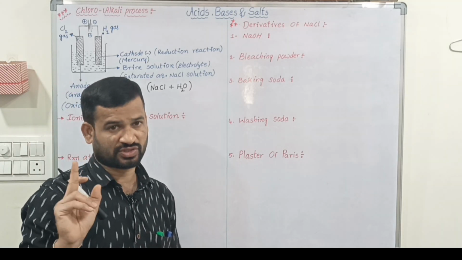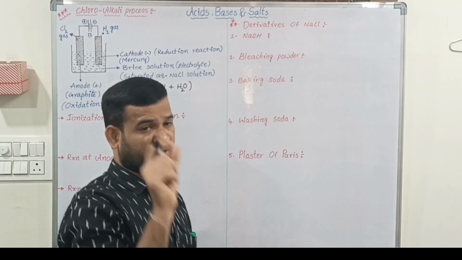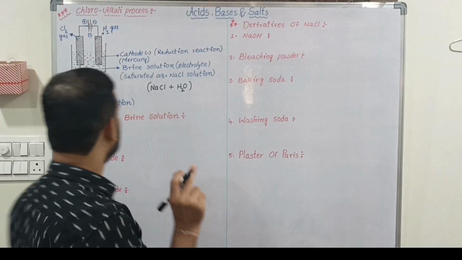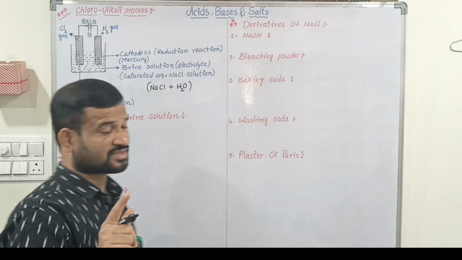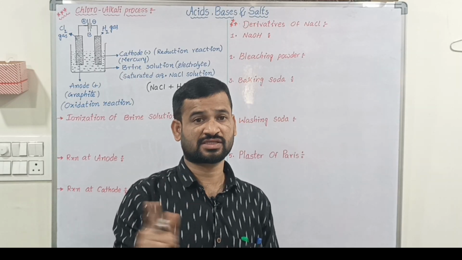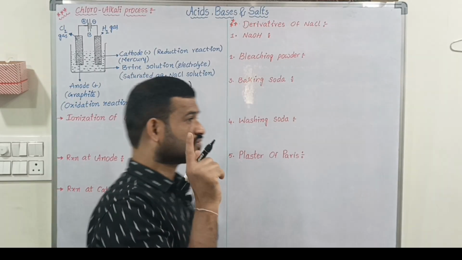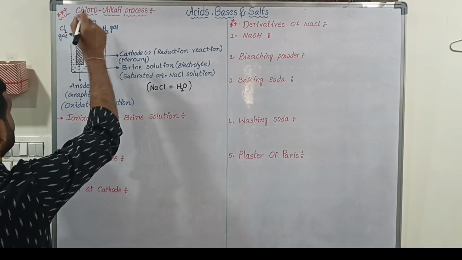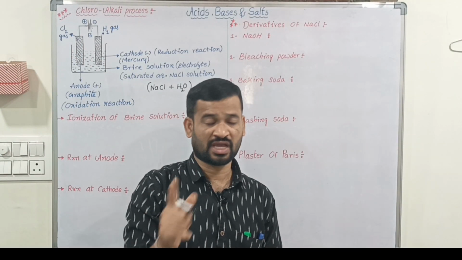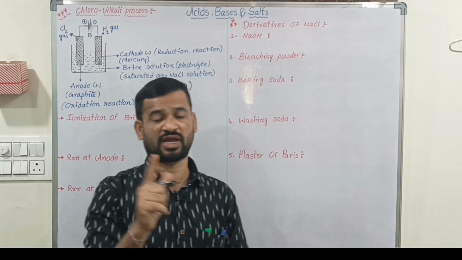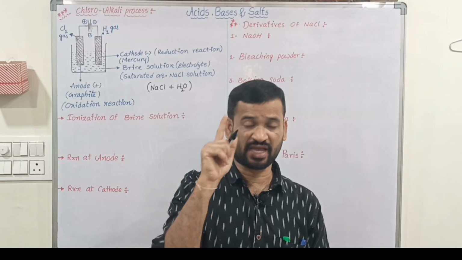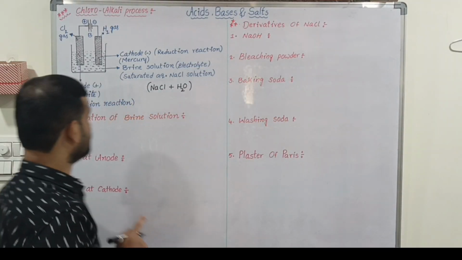Alkali solution means a base which is dissolved in water. Sodium hydroxide is one of the alkali solutions, and it is formed at the cathode. So chlorine gas is liberated at the anode and alkali solution is formed at the cathode. Not only caustic soda, H2 gas is also liberated at the cathode.